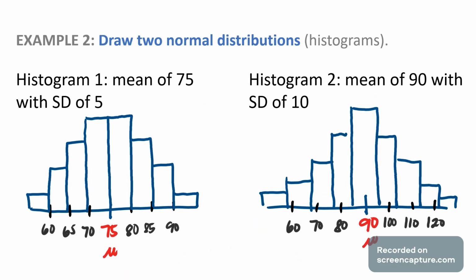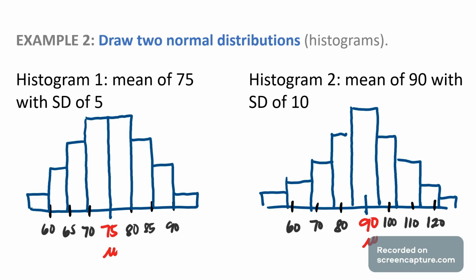Here's a second example. Let us draw two normal distributions in the form of histograms. The first histogram has a mean of 75 with SD or sigma of 5, and the second histogram has a mean of 90 with a standard deviation or sigma of 10. Pause this video to see if you can sketch out the drawings by yourselves.